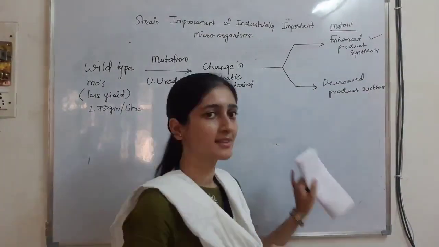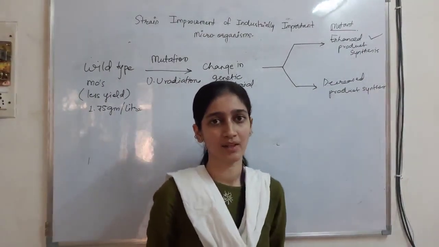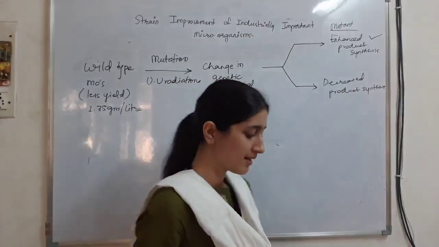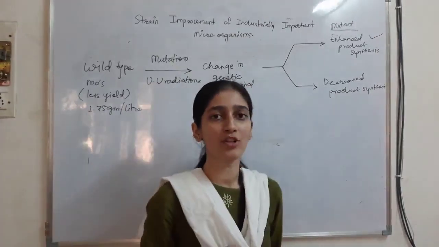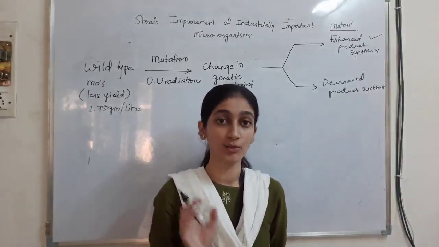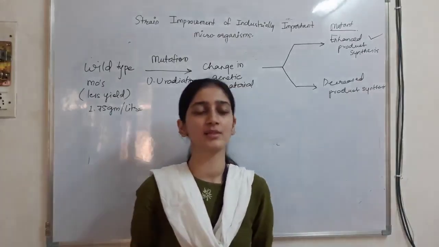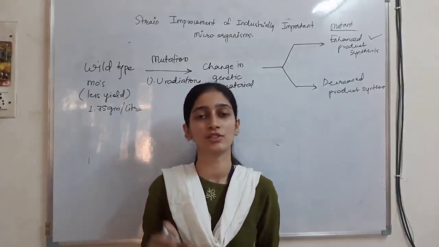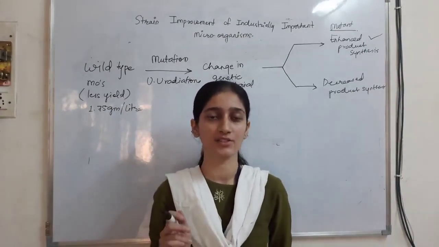For this, selection is very tedious. This process is very tedious, but some microorganisms survive lethal doses of such mutagenic agents, and some microorganisms cannot survive lethal doses of such mutagenic agents.